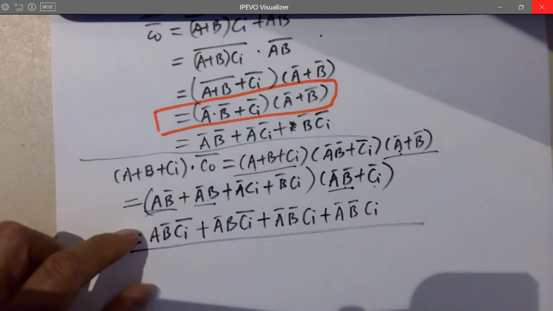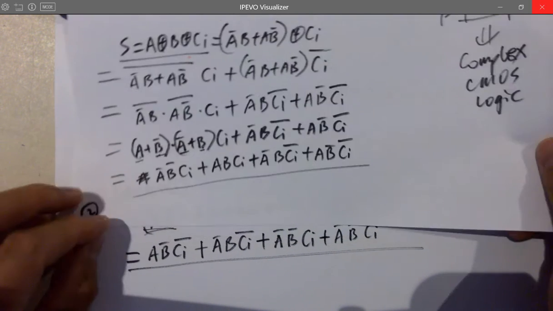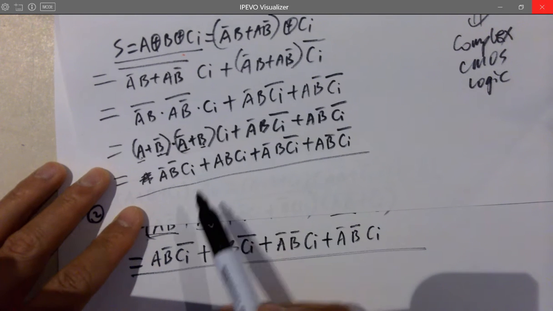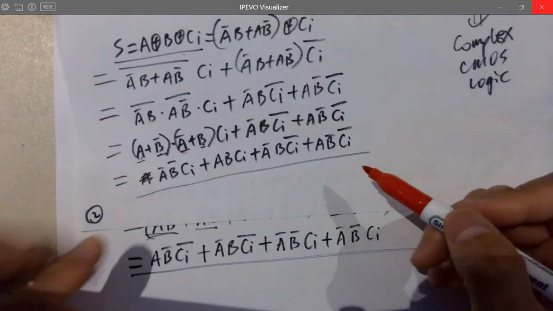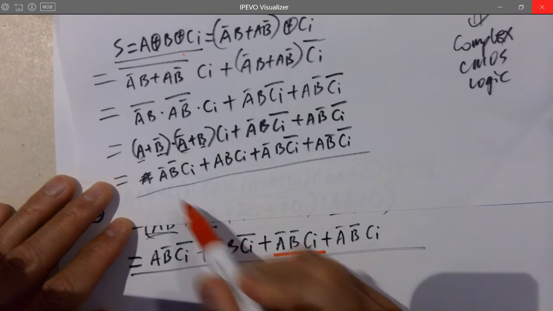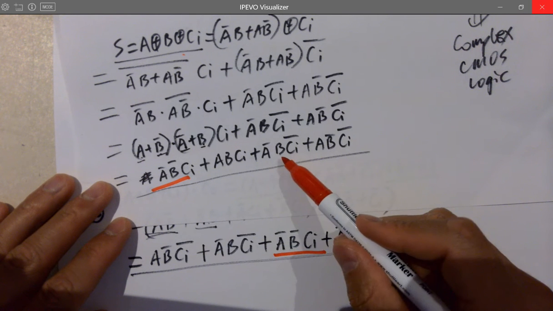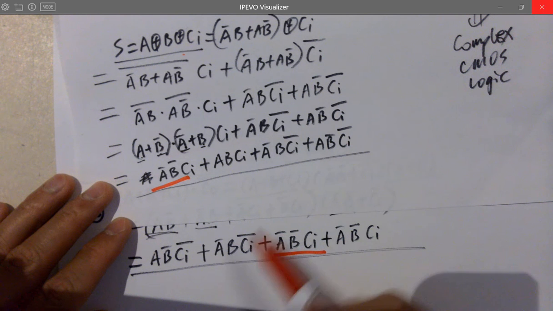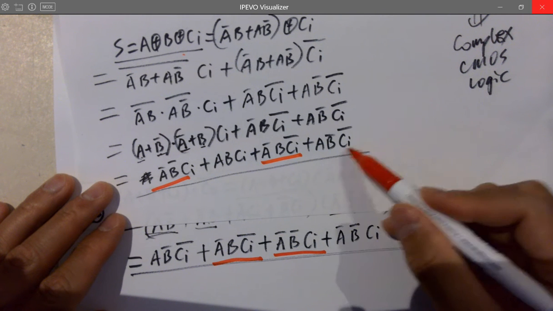So what is this? This is this term, and S is here. So you can see they are very similar. So what are the common terms between these two? A naught, B naught, Ci; A naught, B, Ci naught; A, B naught, Ci naught.